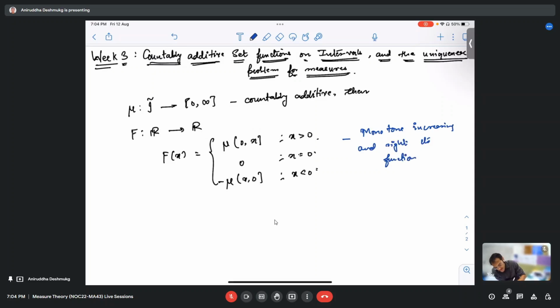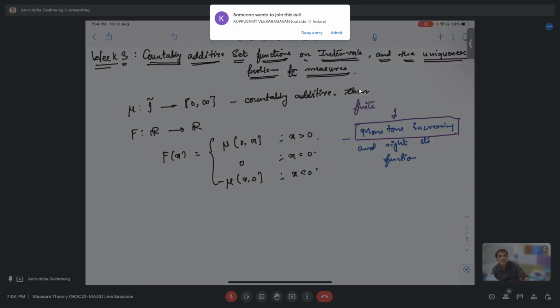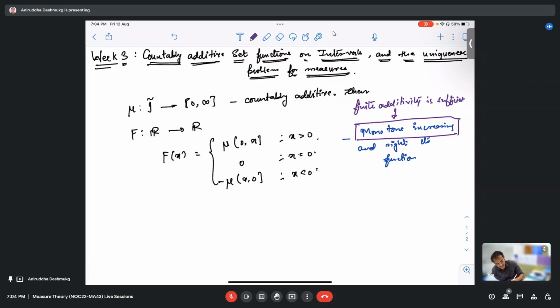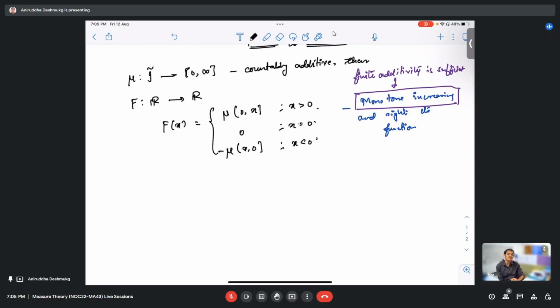One thing we observed was that to prove monotone increasing, only finite additivity is sufficient. One of the questions that was left was: suppose you are given a monotone increasing right continuous function, whether we can say that it comes from a countably additive set function.